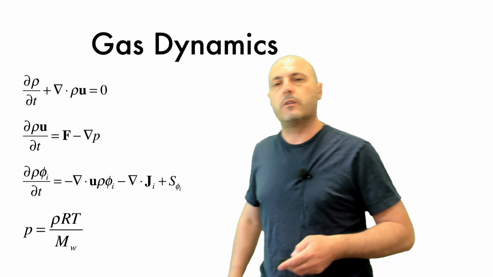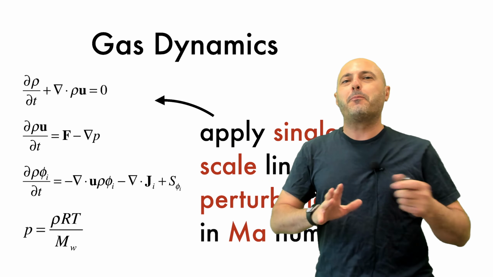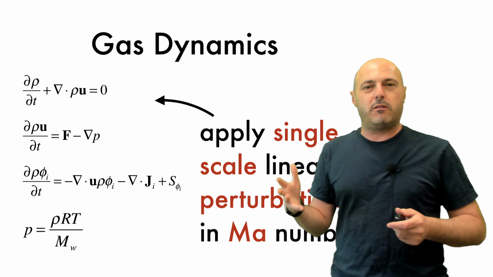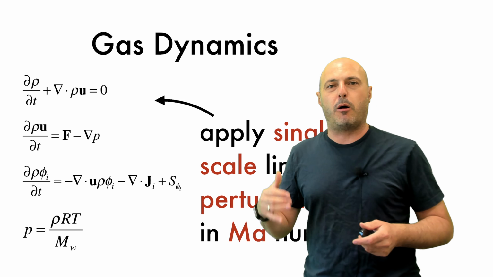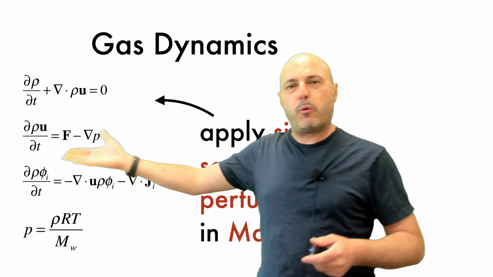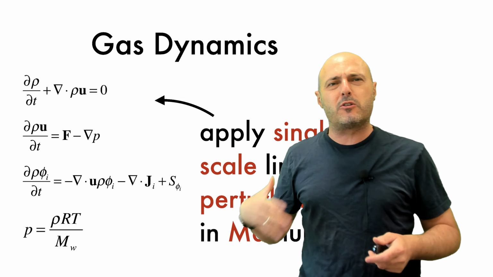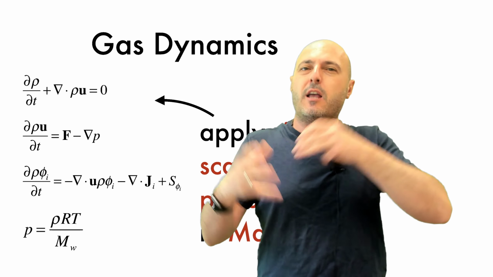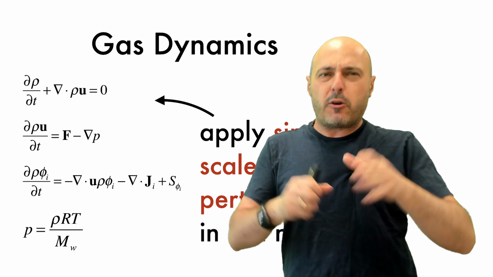We were talking about this yesterday. There are different ways of doing it. One popular way is what we call single-scale linear perturbation problem. So what we do, we take these equations. Like I said, the density, the pressure, the velocity, they all contain information about acoustics and other things. So we say, okay, let's split it.